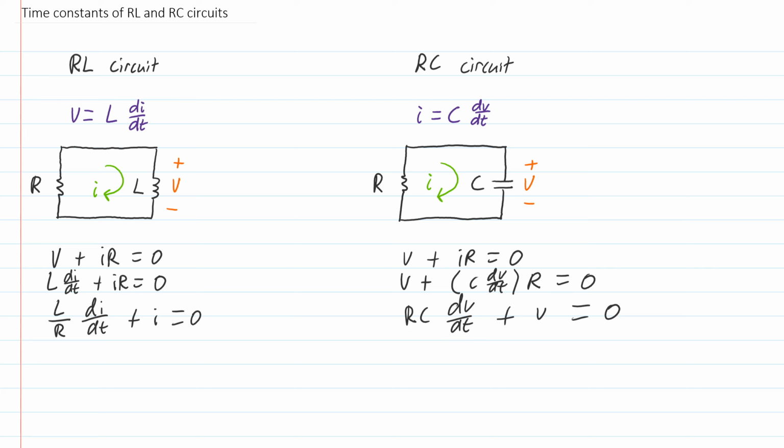So what can we notice about these equations? Firstly, for RL circuits, the current is the predominant variable that we're going to solve for, and for RC circuits, it's voltage. Another thing we can notice, if we look carefully at the coefficients at the front of the differential term, is that we can learn something interesting about the units of these parameters.